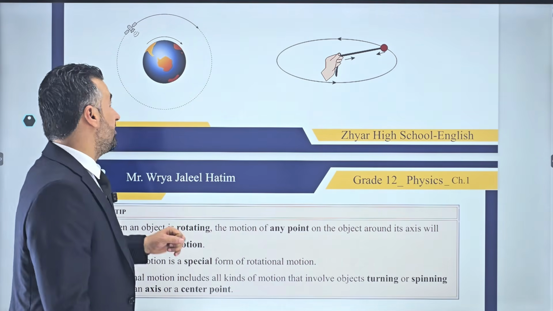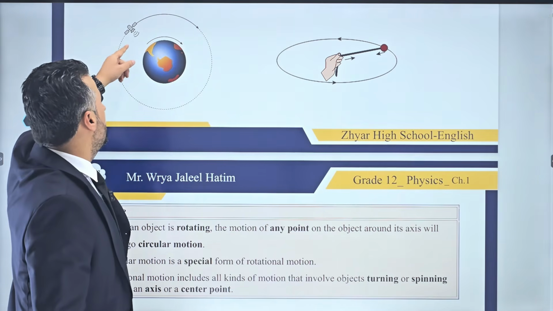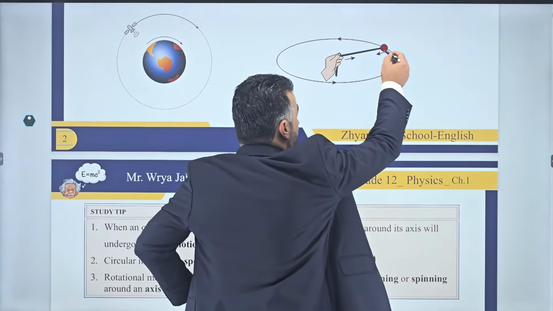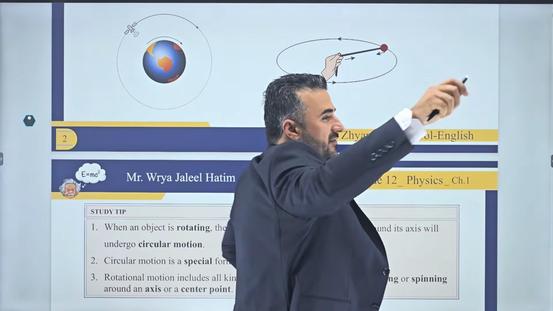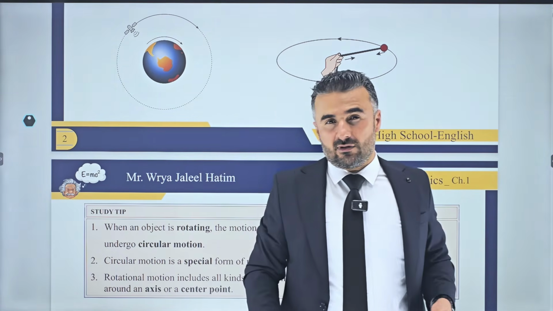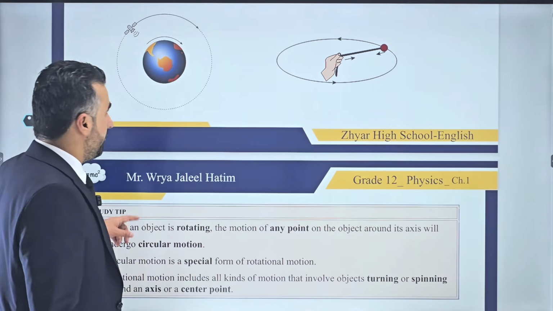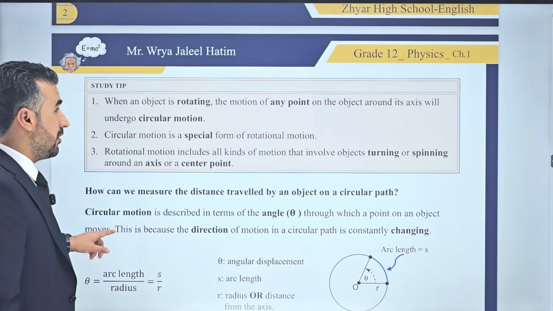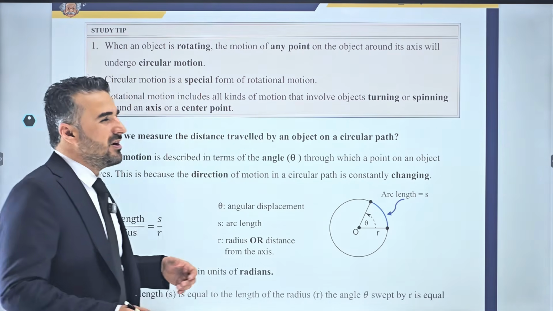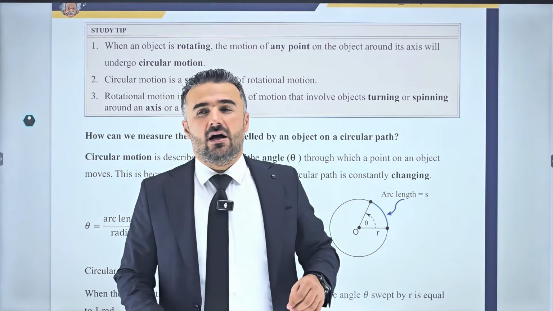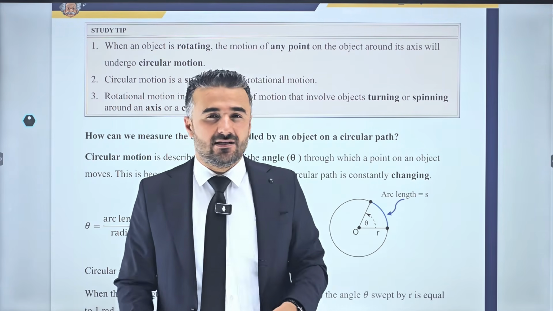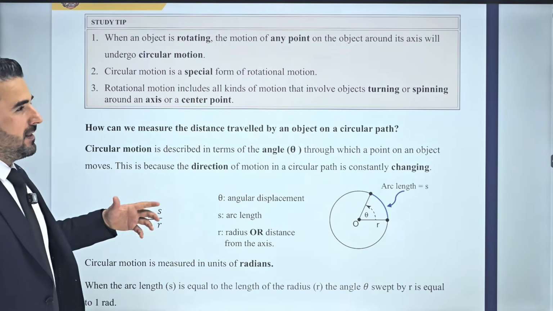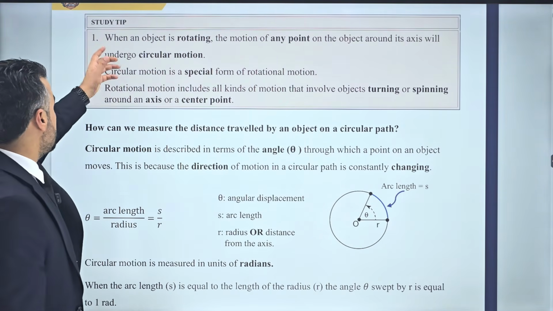Examples of objects moving in a circle: a satellite orbiting the Earth; when you attach a mass to a string and move it in a circle in the air; and a race car moving on a racetrack. So anything that moves in a circular path around a fixed axis, we can say that is circular motion. Now, based on what we've learned, we can conclude these study tips.